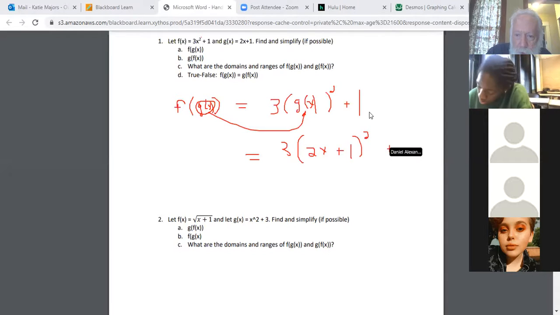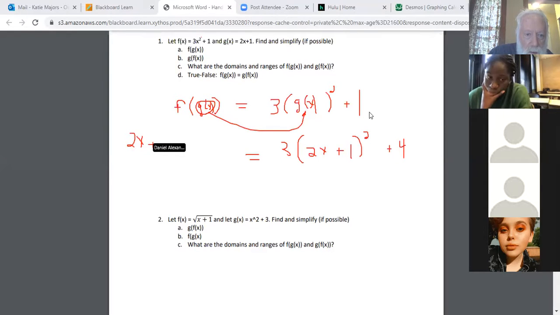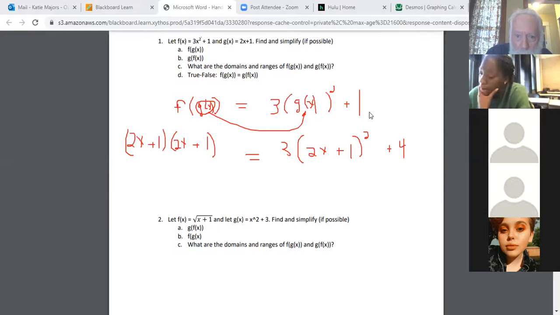No, because when you FOIL it out, it's really 2x plus 1 times 2x plus 1. And then the plus 1 on the outside? Oh yeah, I put a 4 there. I don't know why I did that. That should be a 1. I just miscopied.